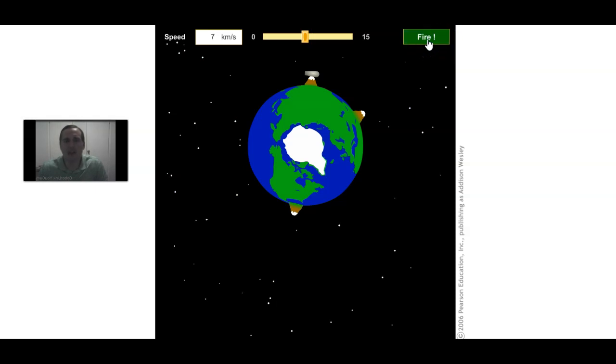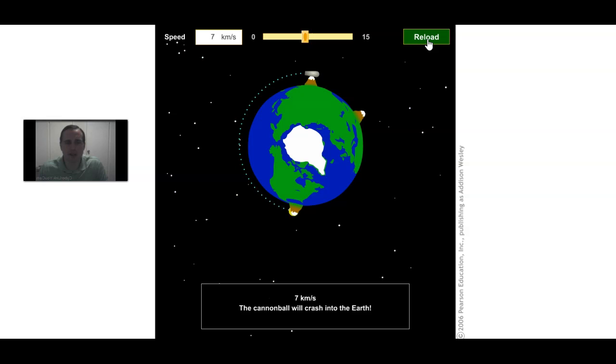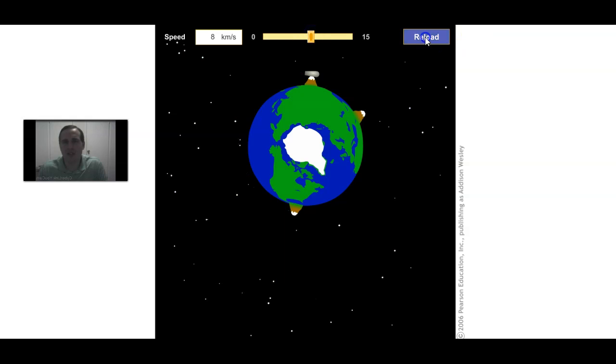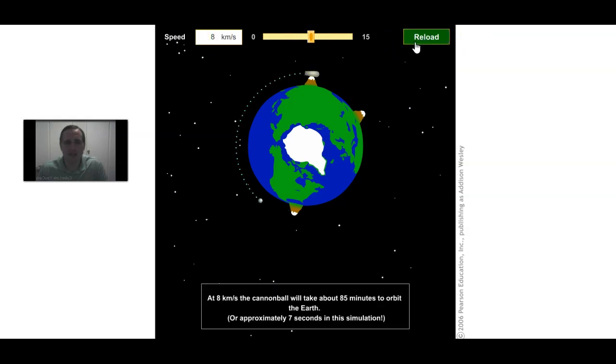But if we fire this cannonball at about 7 kilometers per second, notice that it still crashes into the Earth, but let's reload. Let's try 8 kilometers per second. And notice the cannonball now just starts to orbit the Earth.